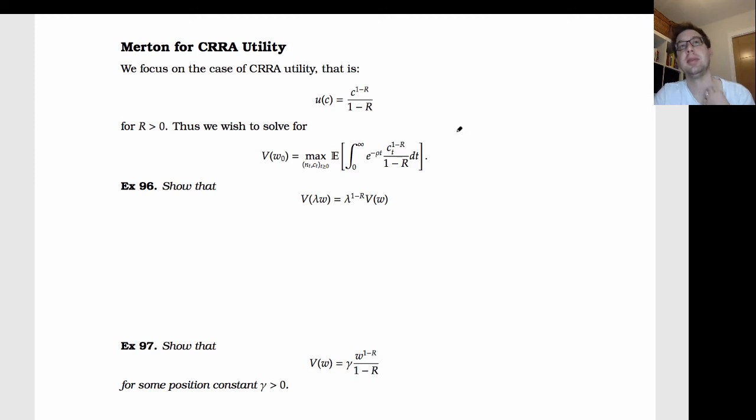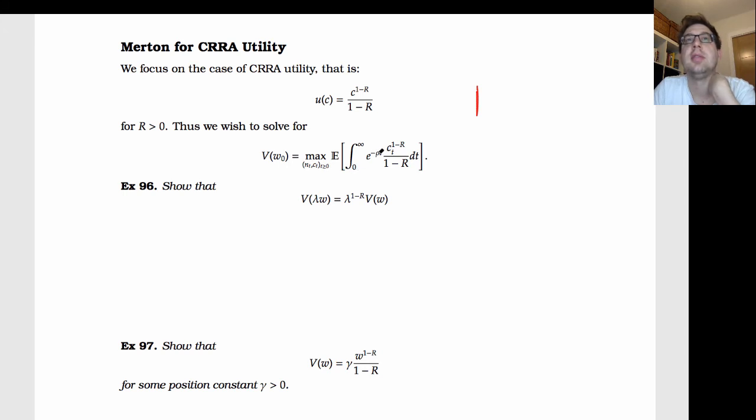Okay, so we can do a little bit of theory about that to explain why that is the right form for this type of problem, but for now let's just say we're working with a utility function which looks like this, okay? So we want to solve the Merton portfolio optimization problem in order to maximize this function, okay?